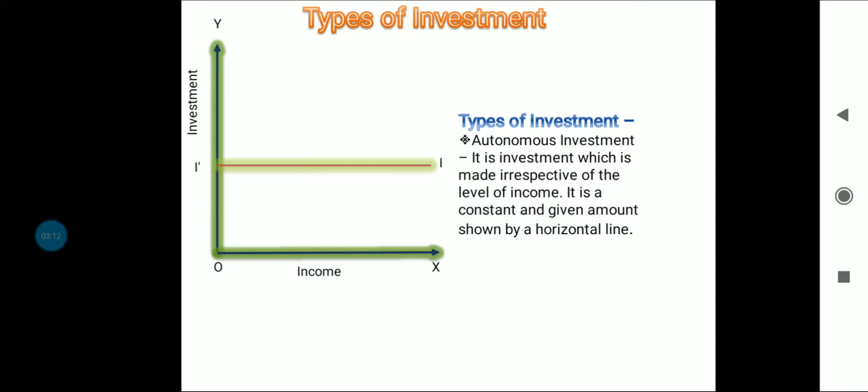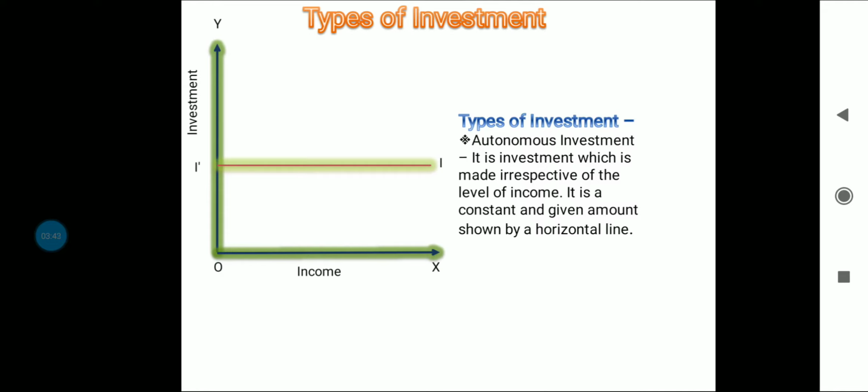So at each and every level of income, the level of investment remains constant. It becomes a horizontal line parallel to the OX axis. What does it mean? The level of investment demand is the same at every level of income.